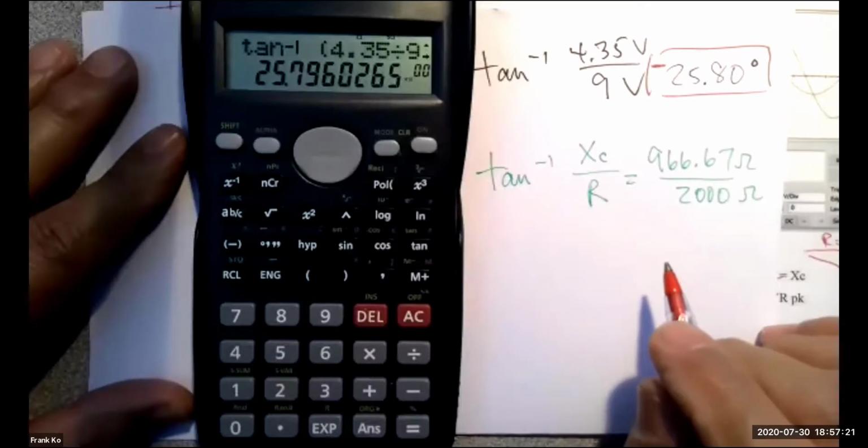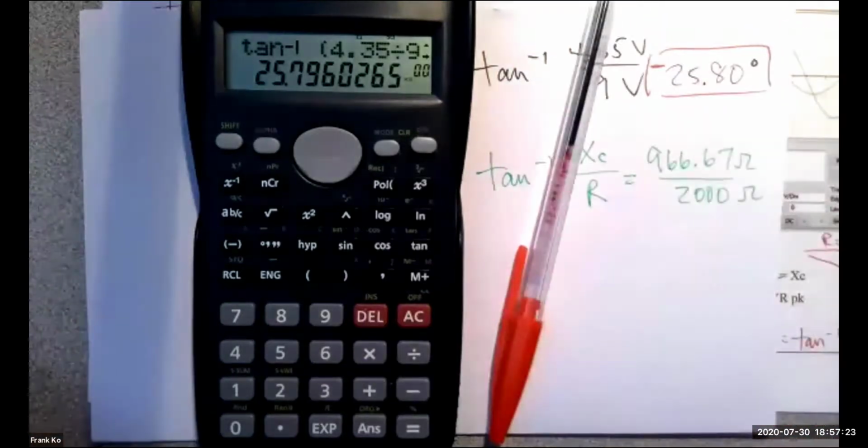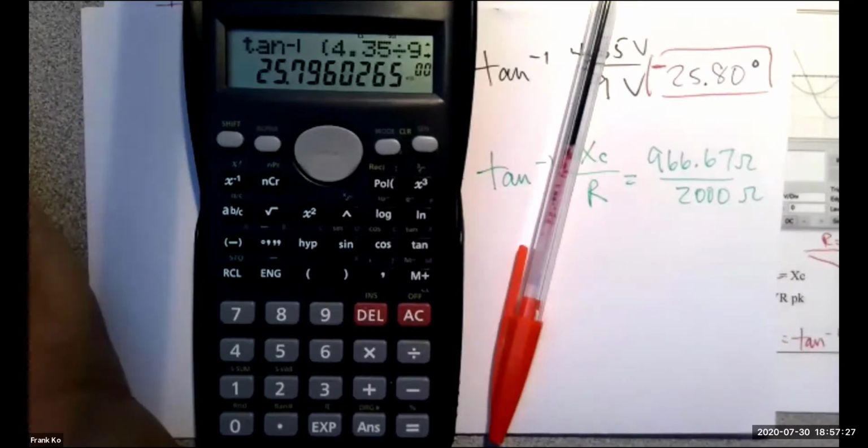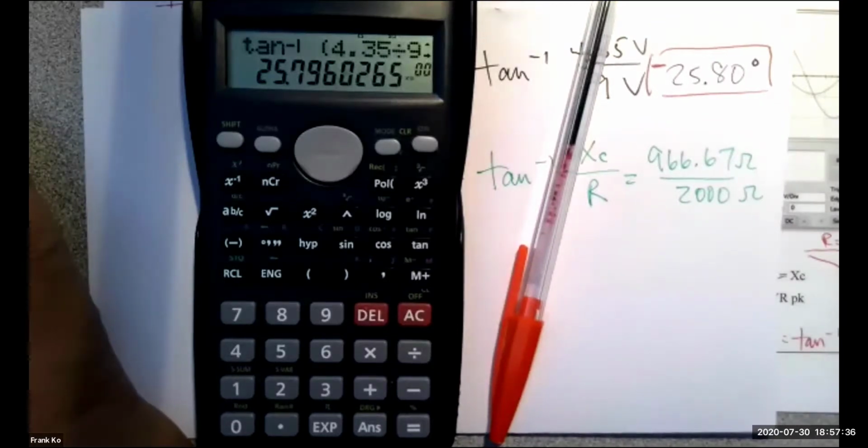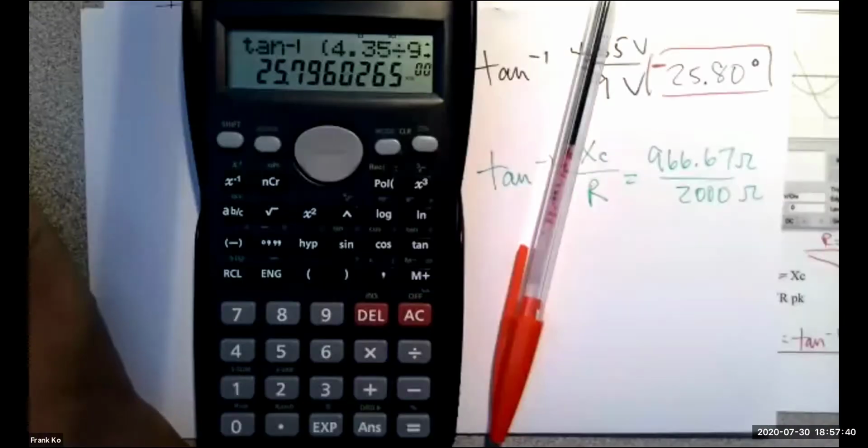Can you explain why it's negative? Yeah, I don't get it. Okay, the reason why it's negative, I'll show you here. I showed this on Tuesday, but I'll be happy to show it again. Let me find it.